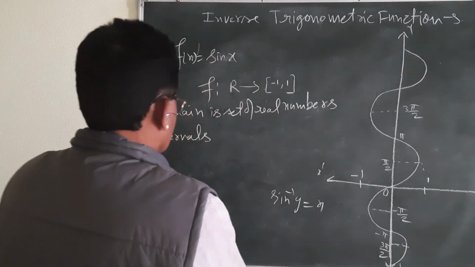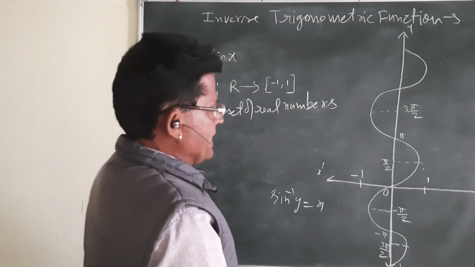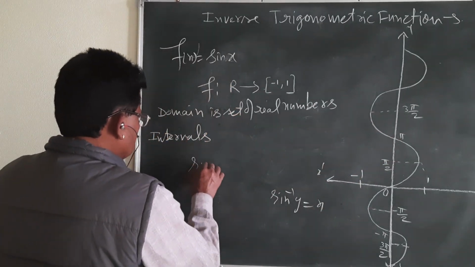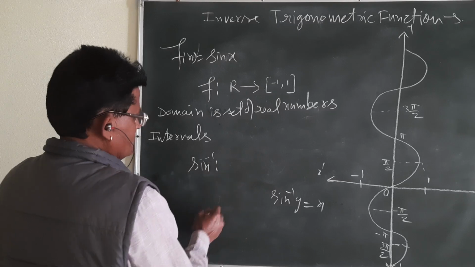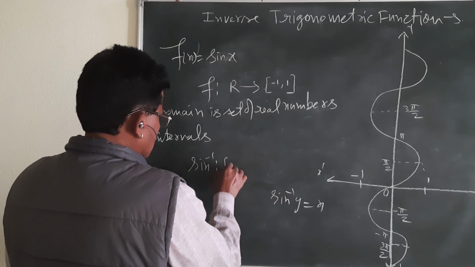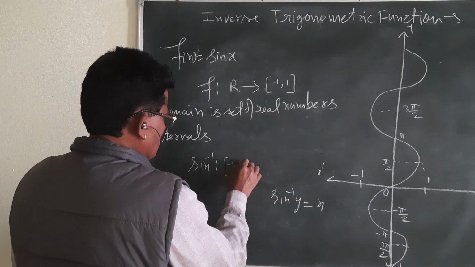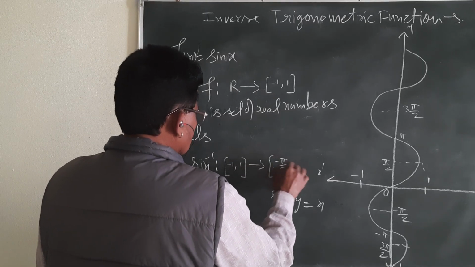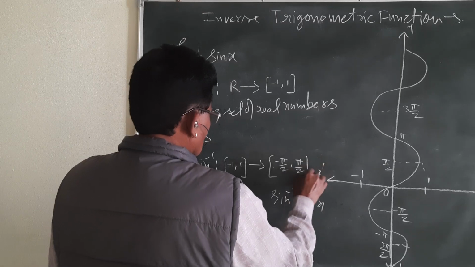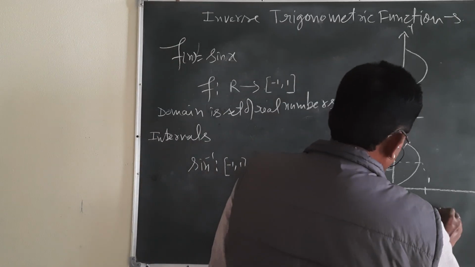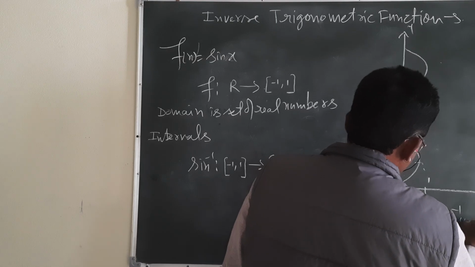What will be it for the inverse of the function? As I told you, domain and range will be changed. For the inverse of the function, you see what will be the range? Domain will be minus 1 to 1, and range will be minus pi by 2 to pi by 2. You see that minus pi by 2 to pi by 2 will be the range of sin inverse, writing here.